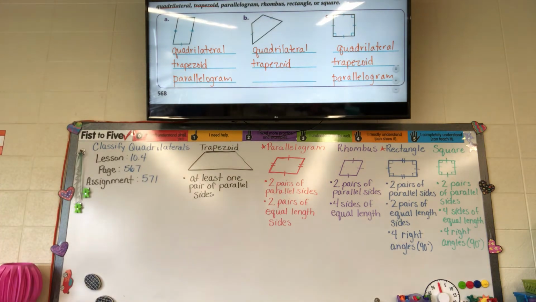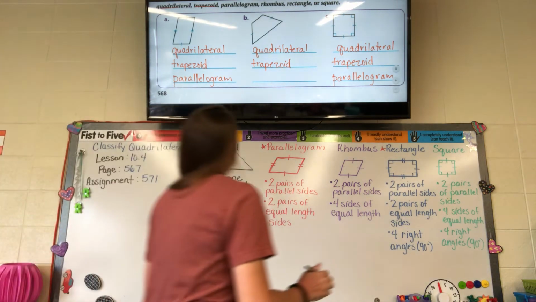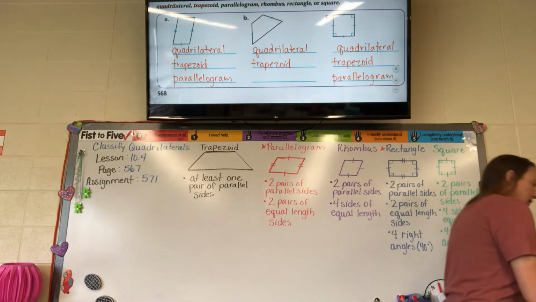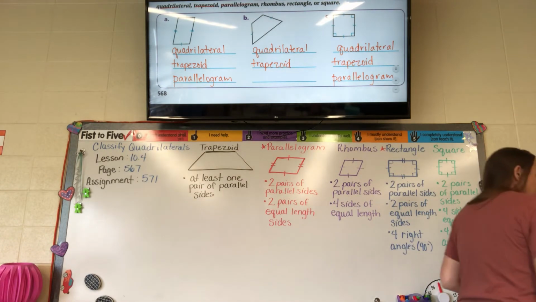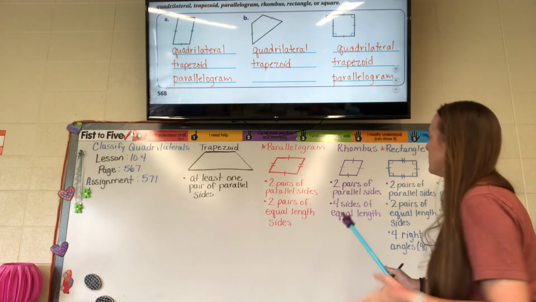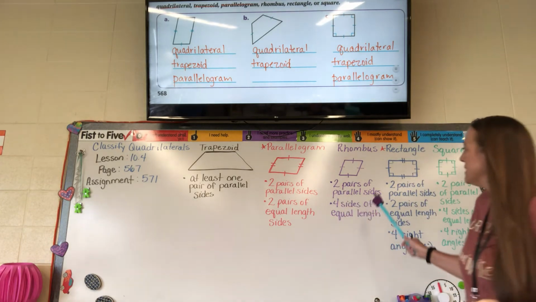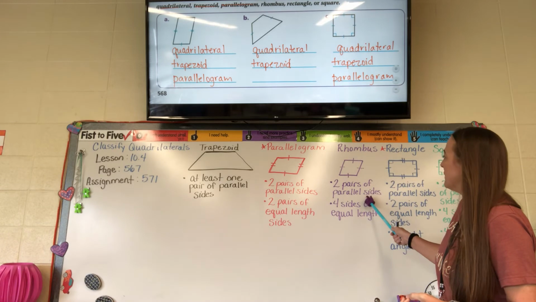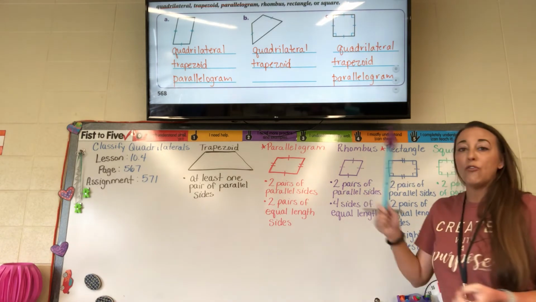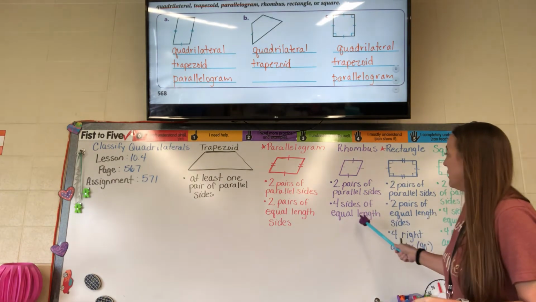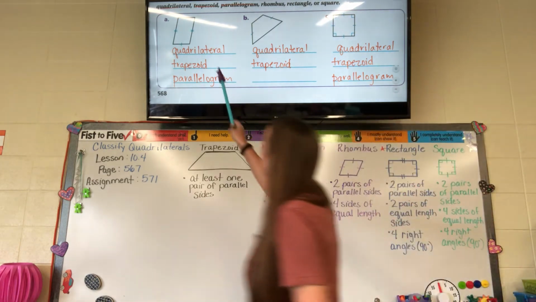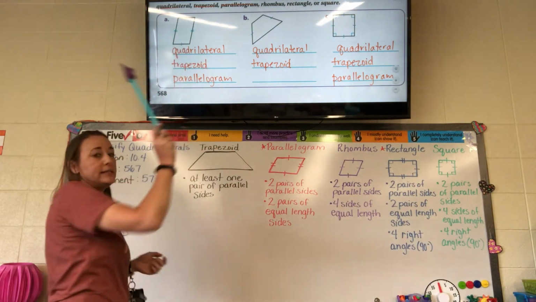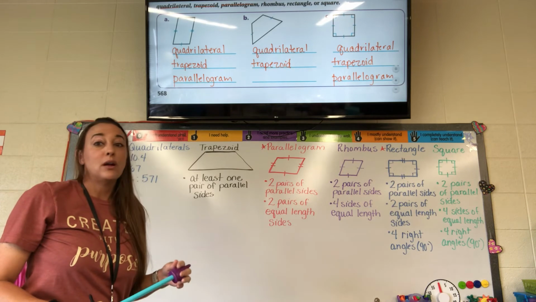Okay. We've looked at parallelogram. Next, we're going to look at rhombus. So the guidelines for the rhombus is that it has two pairs of parallel sides and all four sides have to be the same length. So if we look up here, does this have two pair of parallel sides? Yes, it does, but the sides are not all the same length.